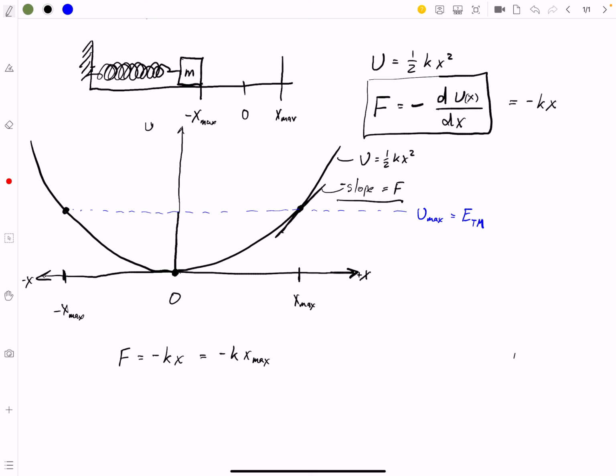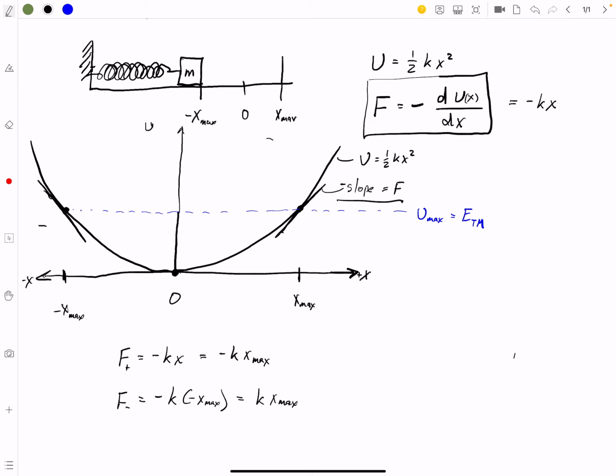If we were to go to the negative side, so this is the plus side. If we go to the negative side, we get minus k times minus x max, which gives us a kx max. So our slope ends up being a force in the positive direction.